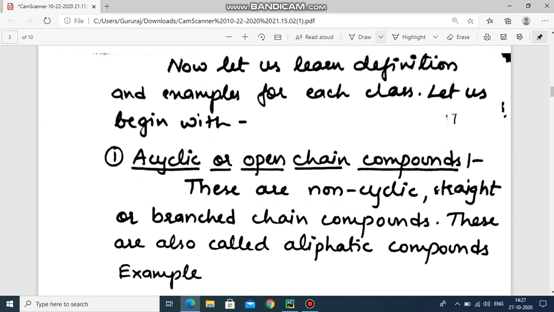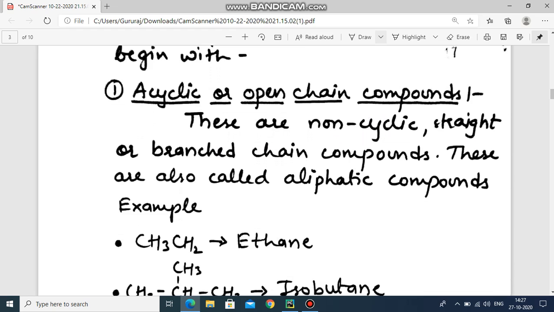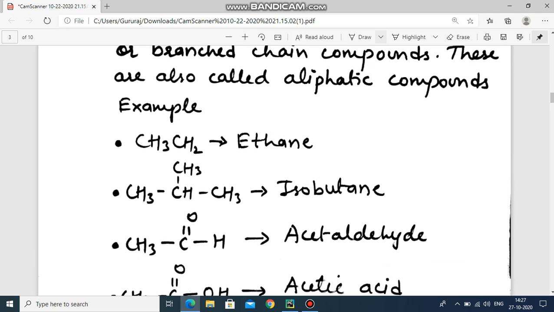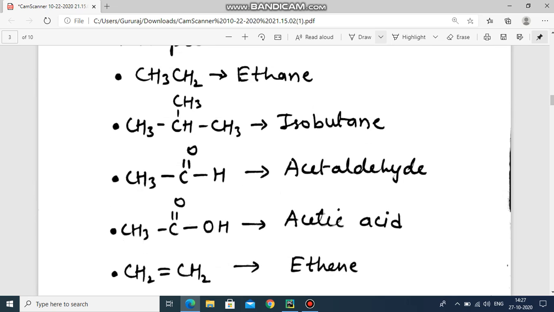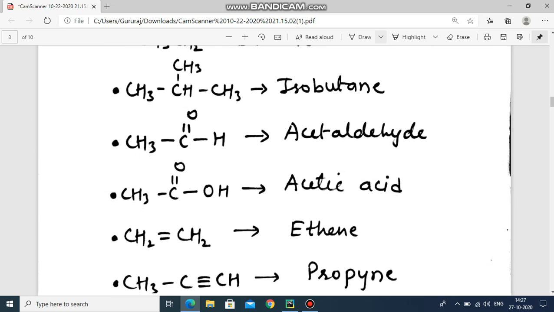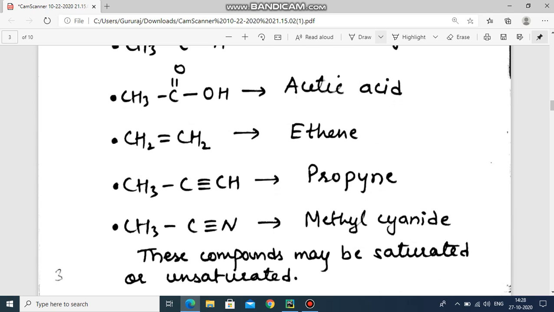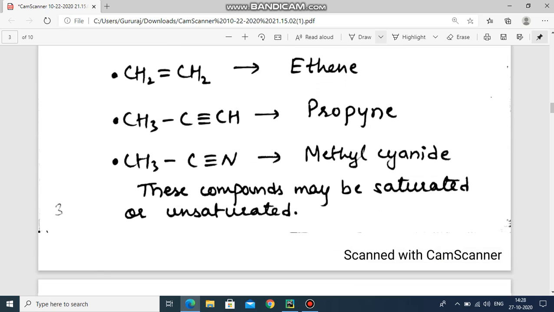Let us begin with acyclic or open chain compounds. These are non-cyclic, straight or branched chain compounds. These are also called aliphatic compounds. Examples: ethane, isobutane, acetaldehyde, acetic acid, ethene, propyne, methyl cyanide.